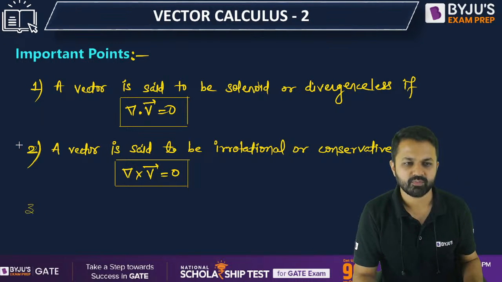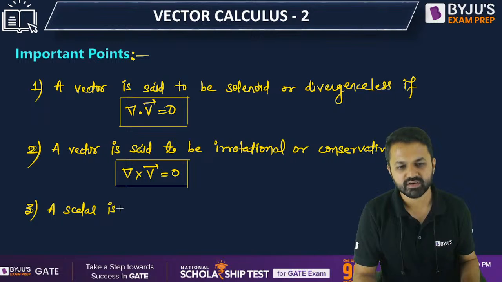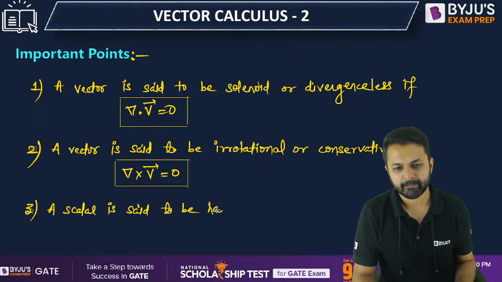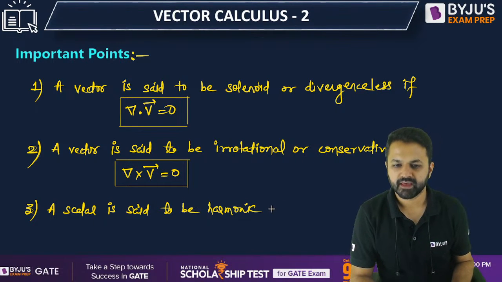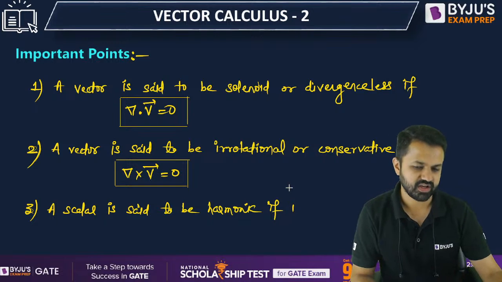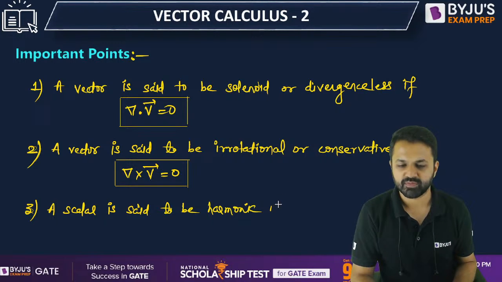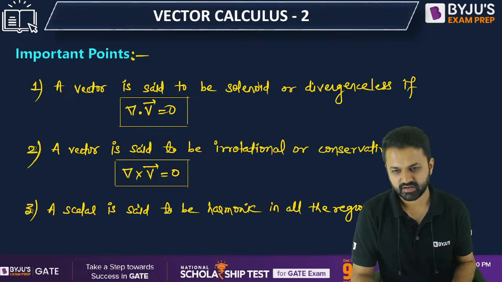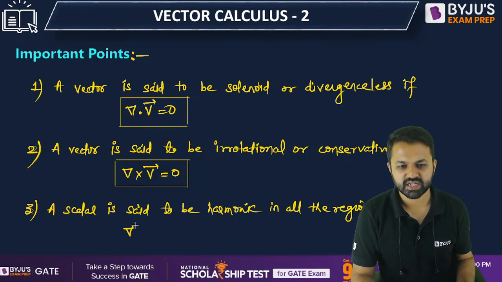Now the third point: a scalar is said to be harmonic in all the region if the Laplacian is 0. If the Laplacian of a scalar is 0, then you will say that it is harmonic.